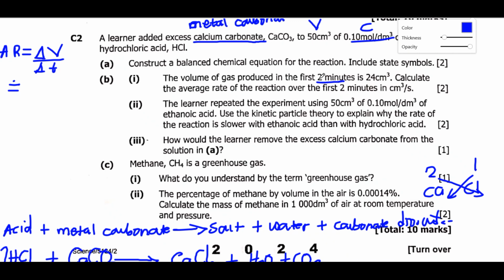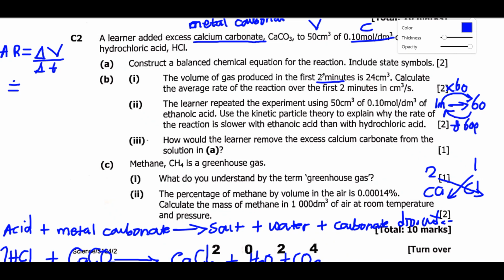So to move from minutes to seconds, you multiply by 60. Then from seconds to minutes, you divide by 60.